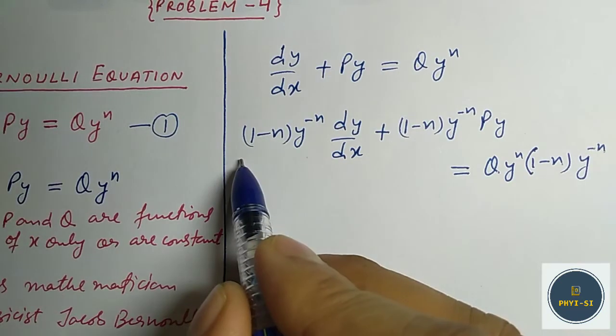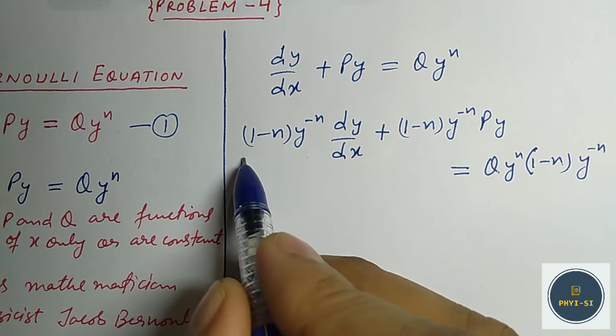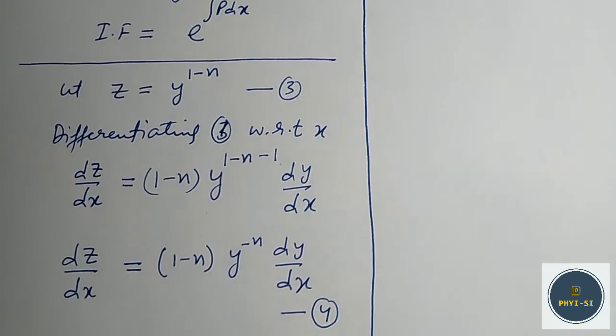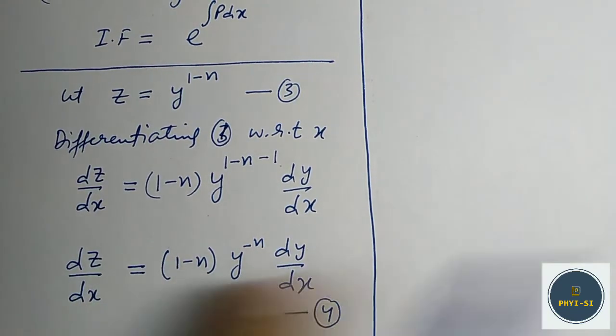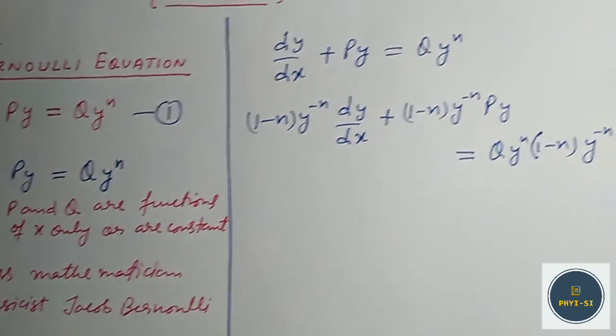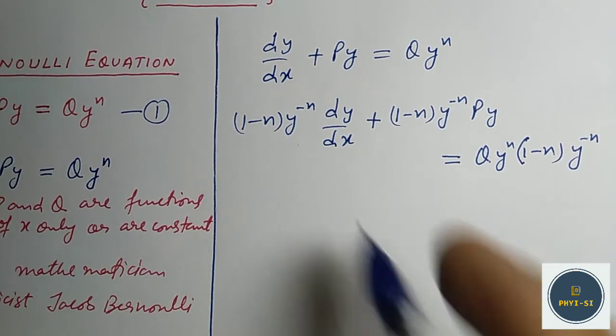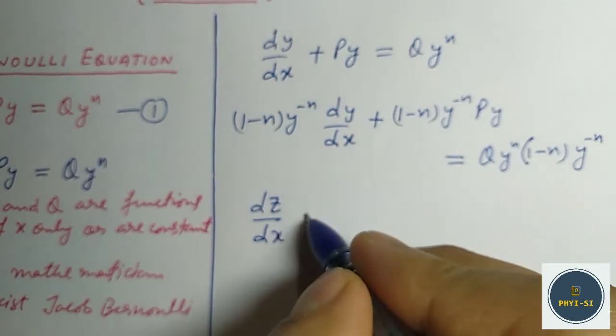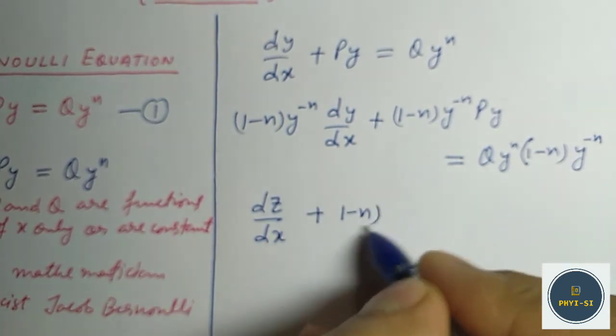Now if we see equation number 4, this is equal to dz by dx. So I can write this as dz upon dx plus 1 minus n.